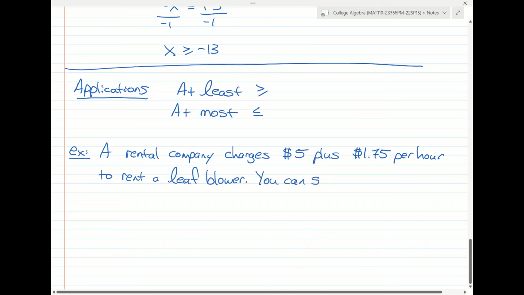You can spend no more than $26. What's the most hours you can afford to rent?